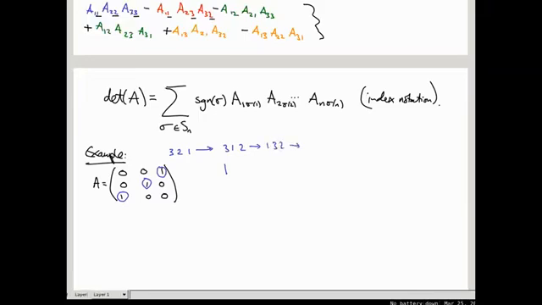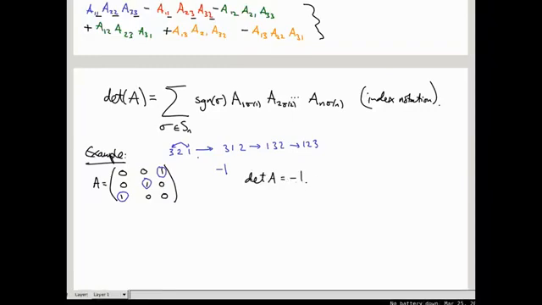And then we'd have to flip 2 and 3. That's 3 flips. Oh, we could have just flipped 1 and 3. Yeah. But it's still an odd number. So it's a minus sign. So the determinant of A is -1.